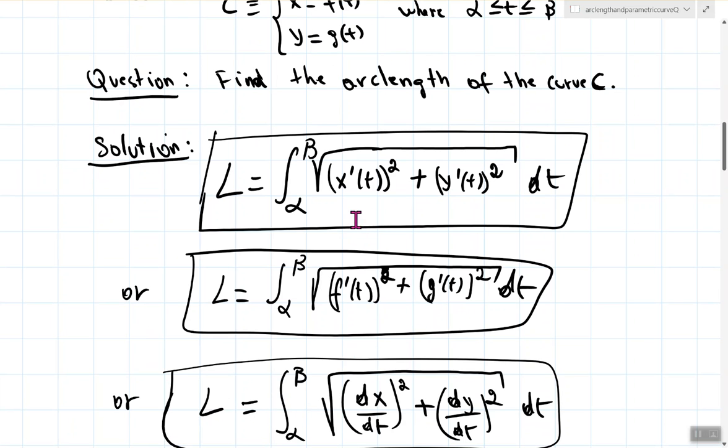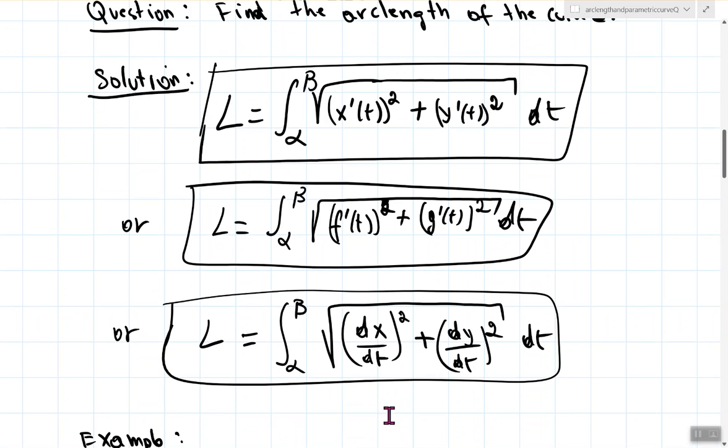And then x prime is actually dx/dt, and y prime is dy/dt. So you can also see this version of the formula. All three just mean the same thing. It's just different notation.